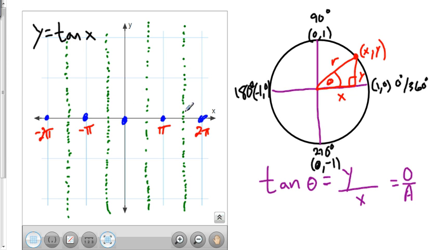Okay, so what we find out we get for a graph, and I could do 45. Let's do 45. What we're going to find out, if I were at 45 degrees, the two legs would be the same, so y over x is going to be 1.